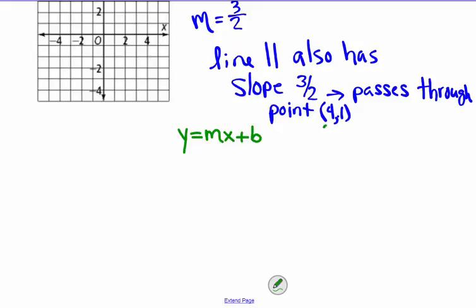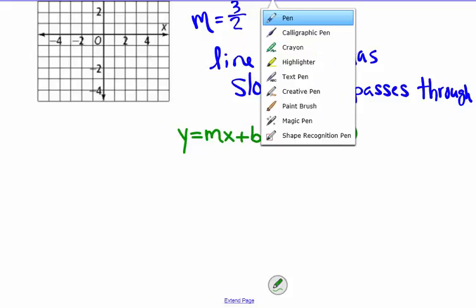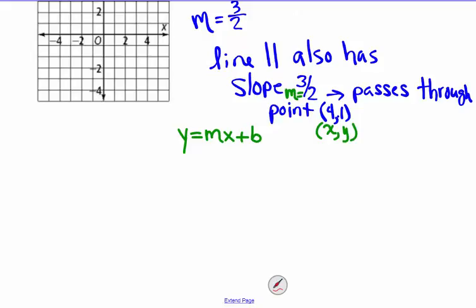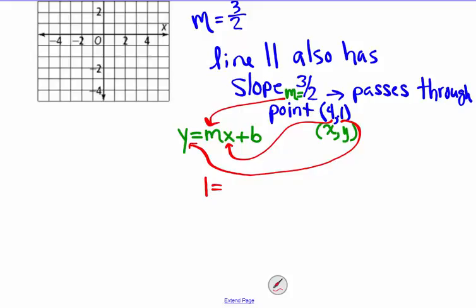I know that m is 3/2, so I'm going to substitute 3/2 in for m. I'm going to use 4 to replace my x and 1 to replace my y. This will let me solve for b, or let me find the y-intercept.